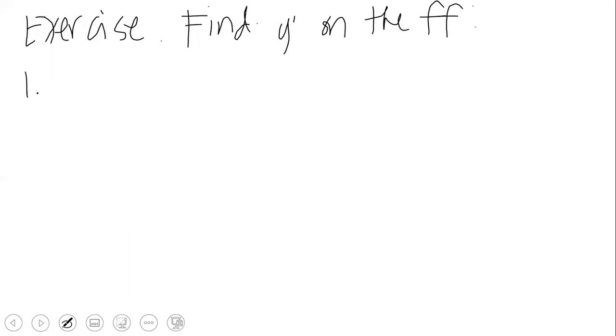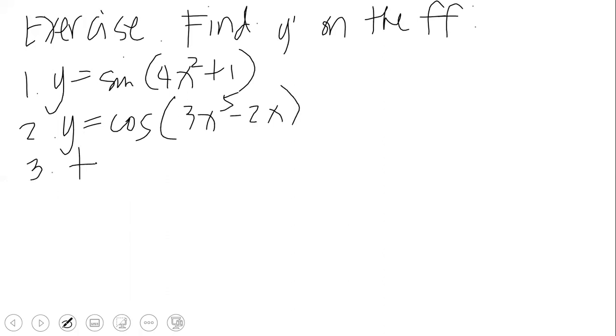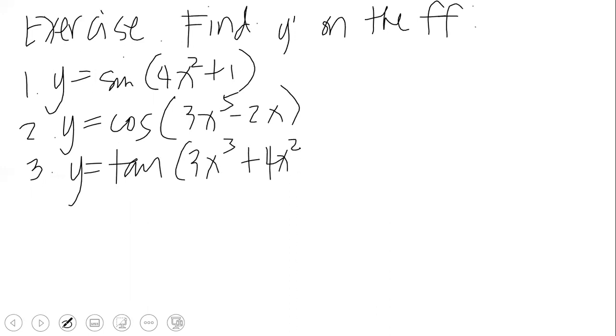Yan. So let's have number 1. Y equal to sine 4x squared plus 1. Number 2. Y equal to cosine 3x to the 5th minus 2x. Number 3, you also have y equal to tangent 3x cubed plus 4x squared.